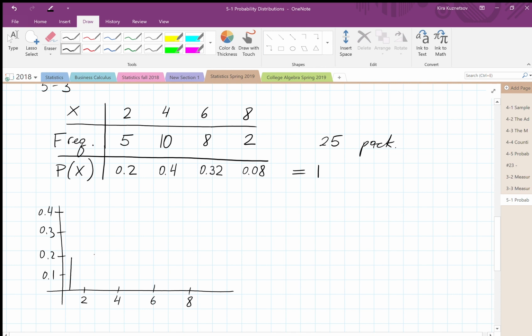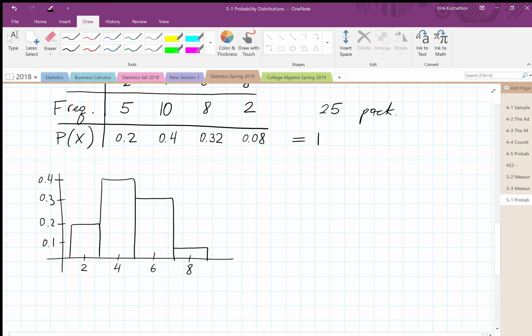The first one is at 0.2, the second one is at 0.4, the next one is at 0.32, so that's about right there, and the last one is just under the 10% mark. So you can almost say that it's approximately symmetric, but really it is slightly skewed to the right. And if you have more than 4 entries to talk about, then you can actually discuss distributions and your findings.